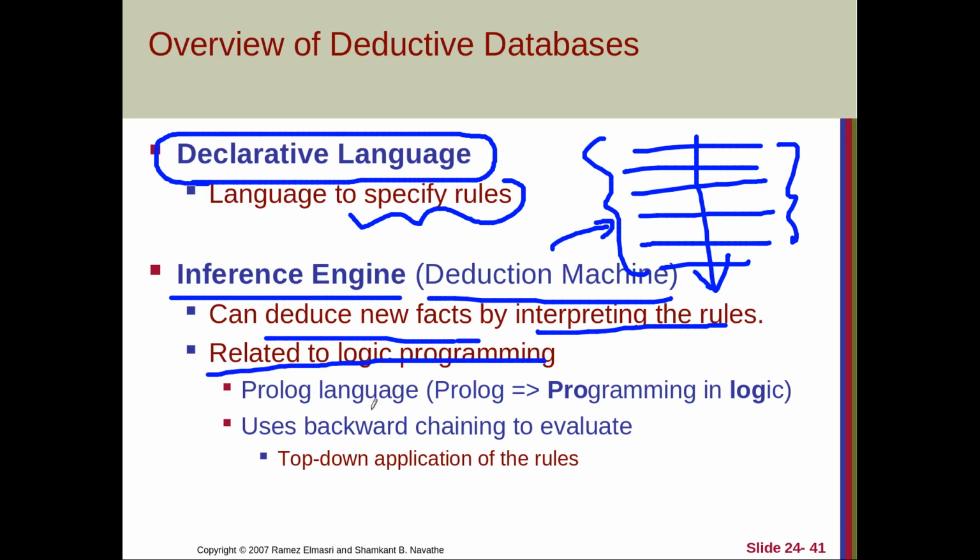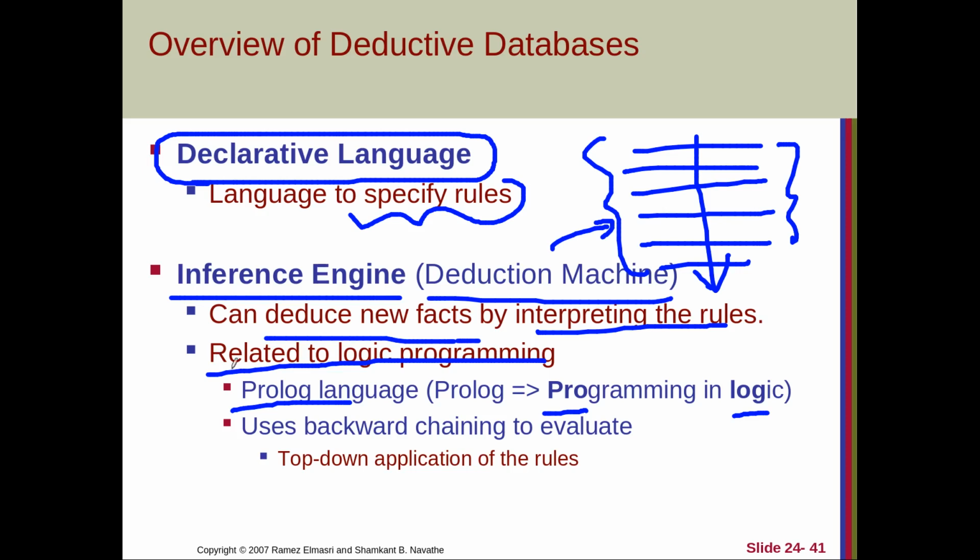In logic programming, we use a language called Prolog. The name comes from programming in logic. Prolog is used to make an inference engine based on the different rules represented using a declarative language.